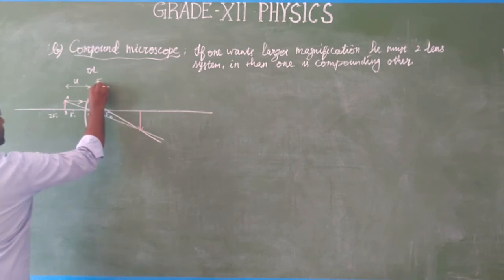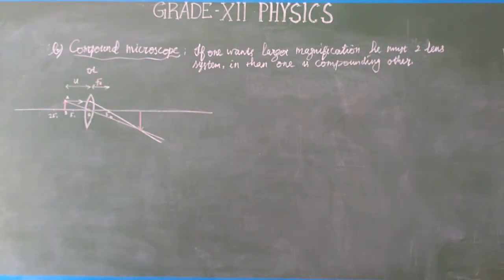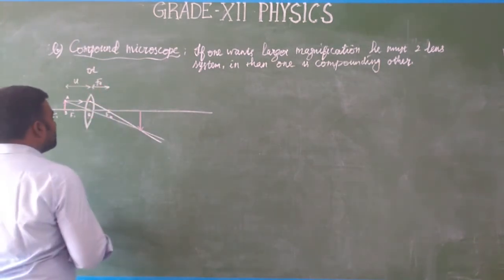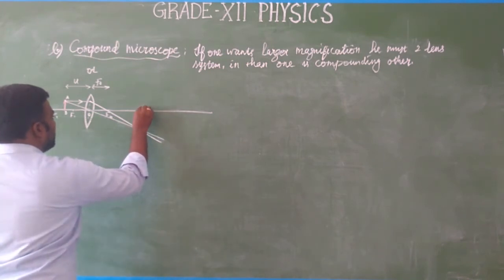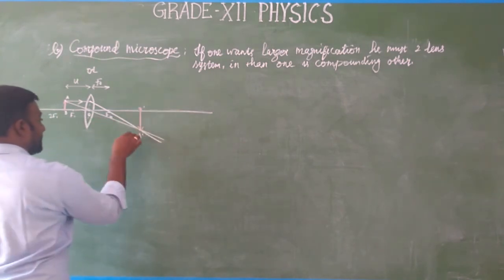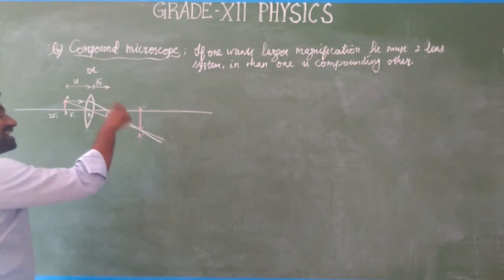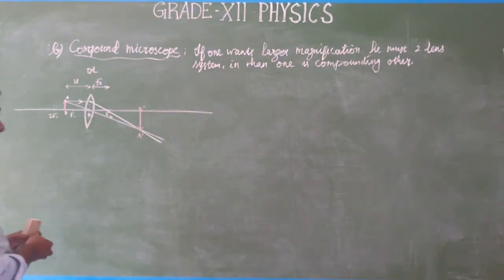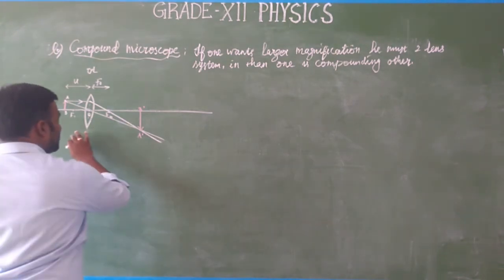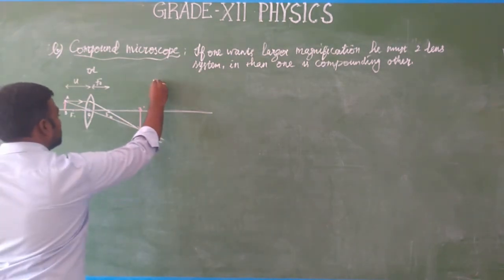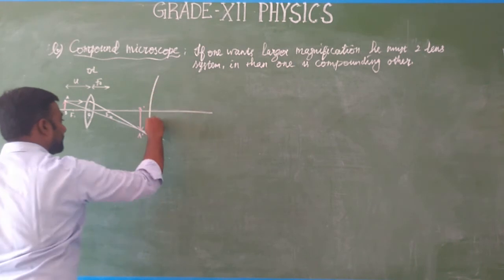So FO is the focal length of the objective lens. B dash A dash is not the final image, it is the first image formed by the objective lens. This image acts as the object for the second lens. The second lens is separated from the objective lens, far away from it.